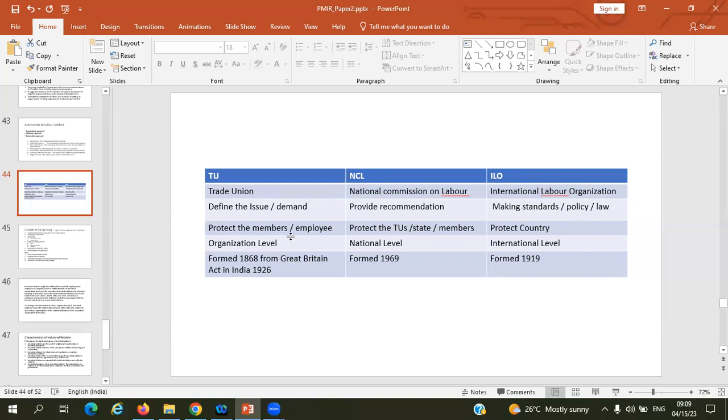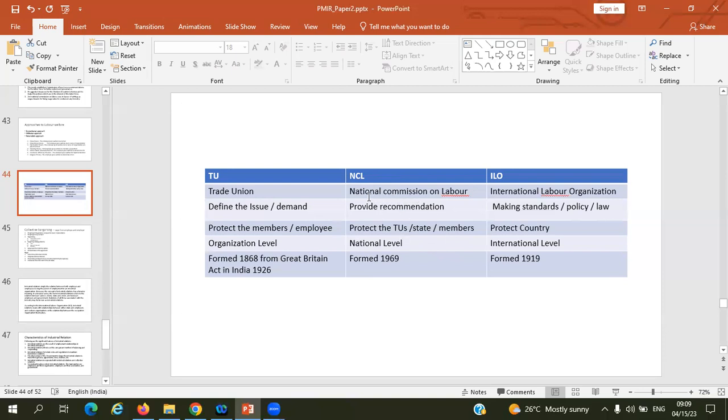Protect the members. Who are the members of the trade union? The workers, the employees who are working in the organization, they are the members. Who are the members of this NCL, National Commission? Trade unions are the members. This is national level.